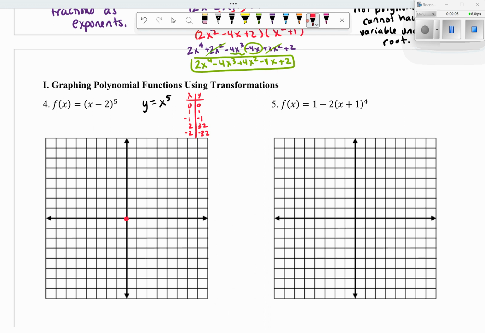So for our graph, let's go ahead and maybe not count by ones, but let's maybe count by 5. So this would be 5, 10, 15, 20, 25, 30, and 35. So negative 5, negative 10, negative 15, negative 20, negative 25, negative 30, negative 35.